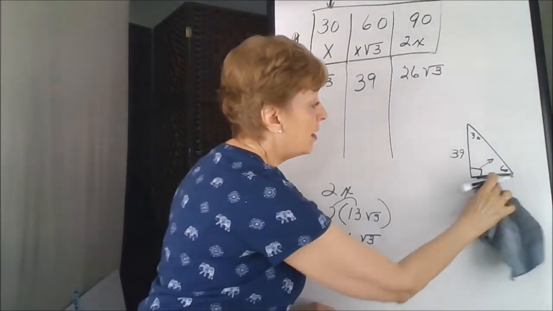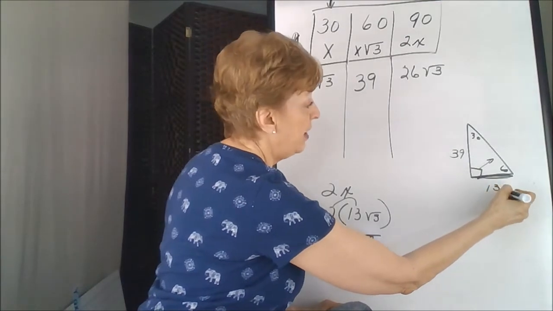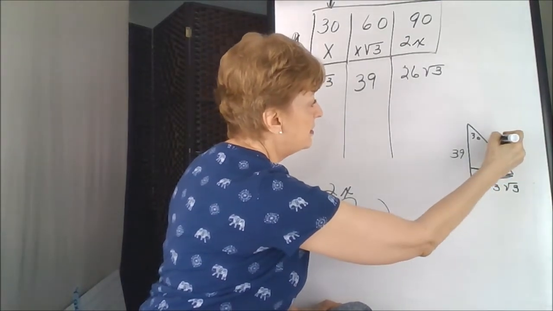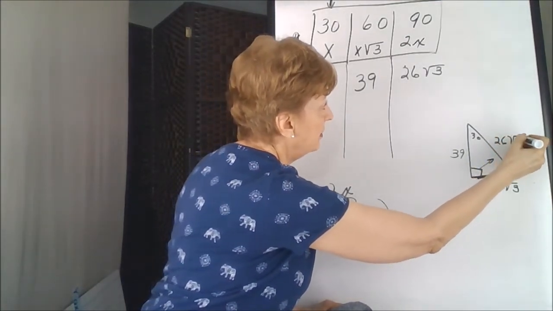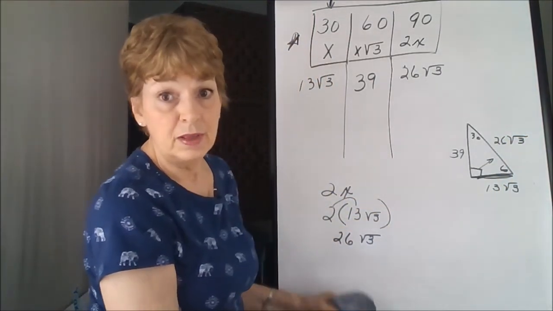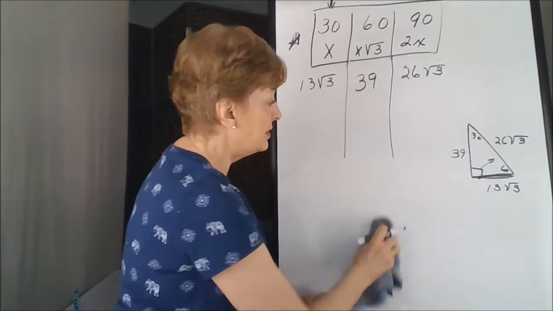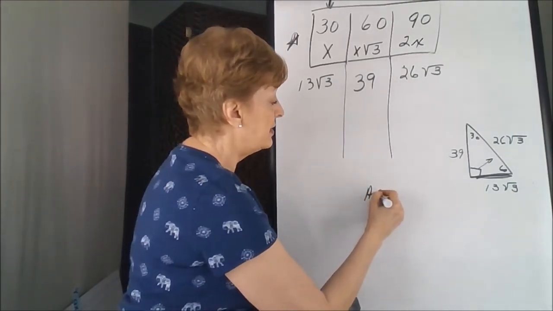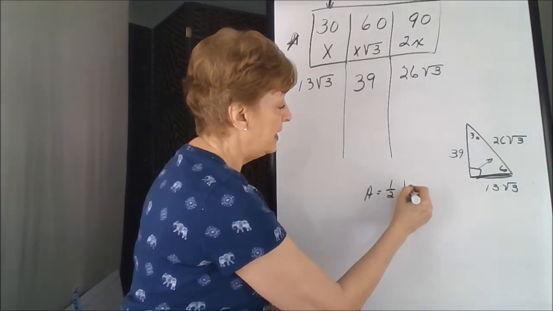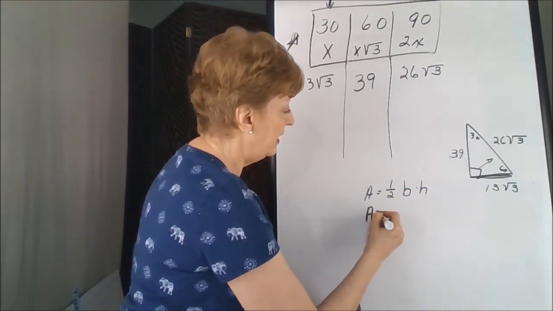We can now mark our whole entire triangle. This is 13 radical 3. This is 26 radical 3. If we were doing an area of this triangle, we now have our values. We have area is equal to 1/2 base times height. So we're going to fill that in with area equals 1/2.